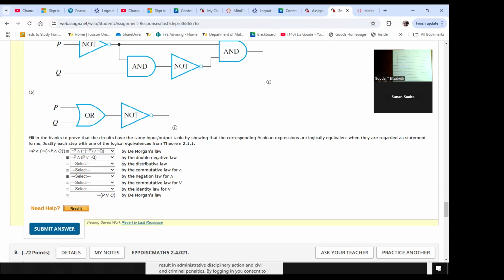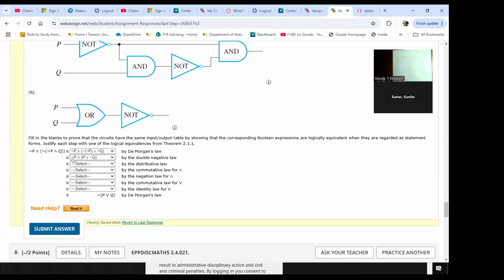Okay. Now, the next law we have to use is the distributive law. But before we even look at the choices, let's look at what's going on here. There's an and operator that's outside of parentheses that has an or on the inside. See that? That and can distribute across the or.